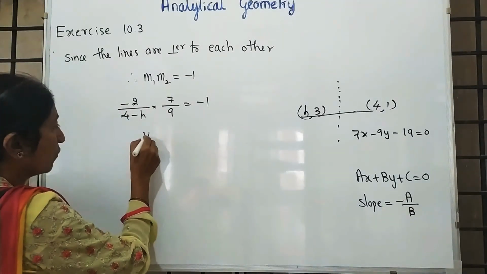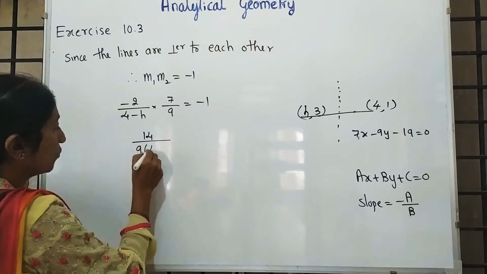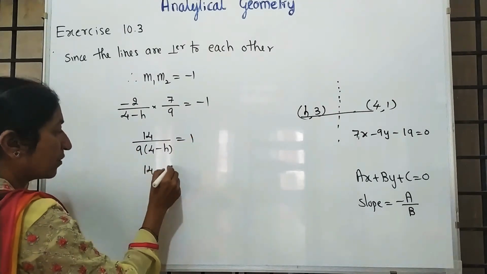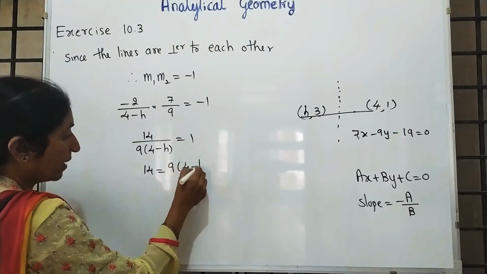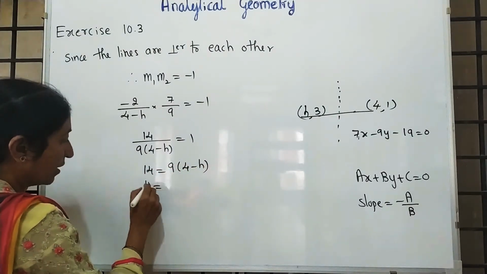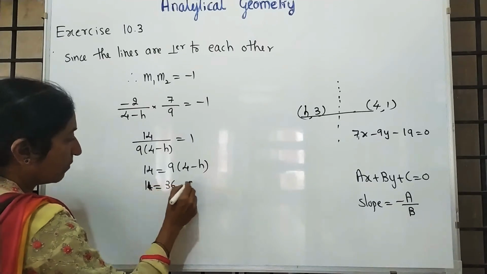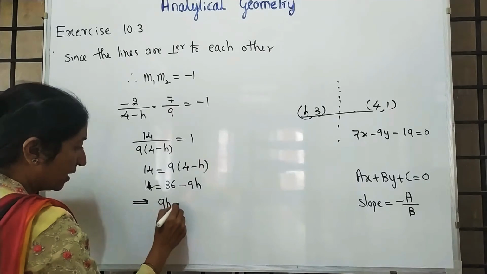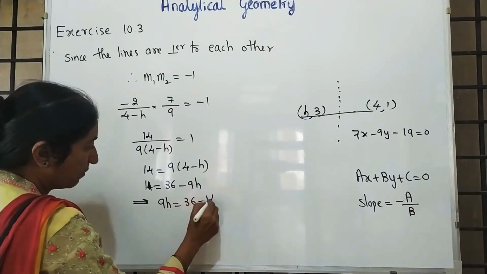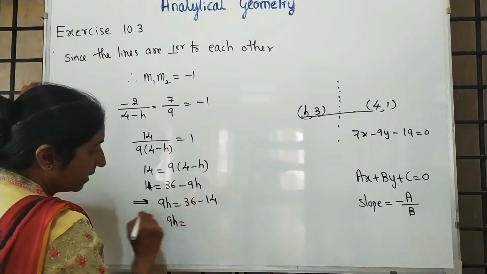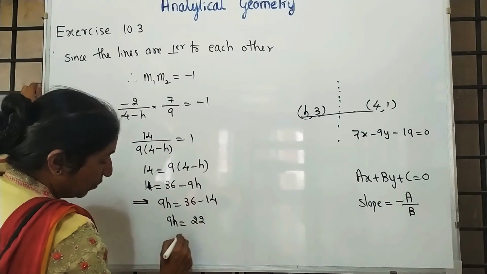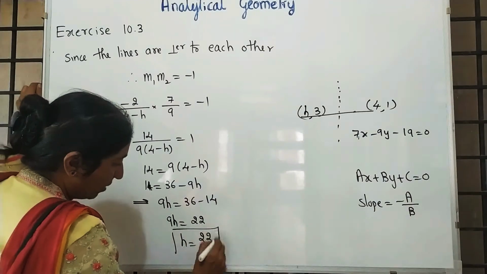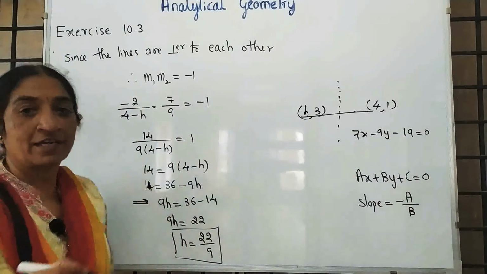It is 14 upon 9 into 4 minus h is equal to 1. 14 is equal to 9 into 4 minus h. 14 is equal to 36 minus 9h, so 9h is equal to 36 minus 14. 9h is equal to 22. So h is equal to 22 by 9, and the question is to find the value of h.